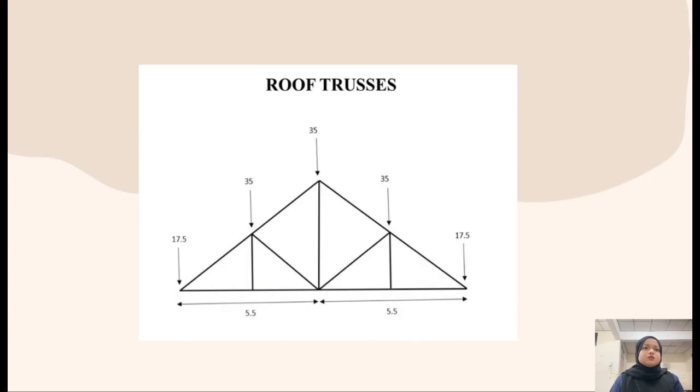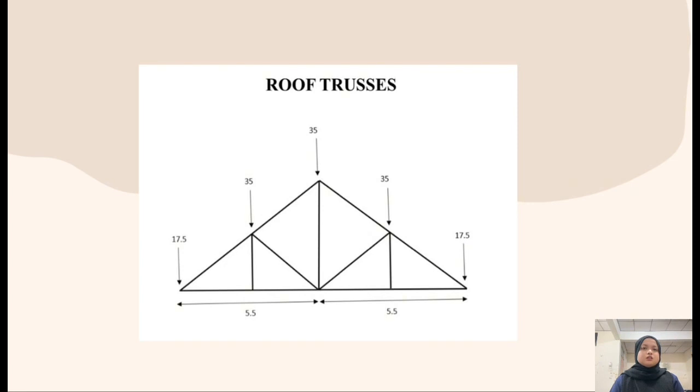The truss is divided into two equal horizontal sections. The downward loads applied at each main joint are 35 kN, while the outermost points to the left and right carry 17.5 kN. This shows that the loads are symmetrically distributed across the structure.